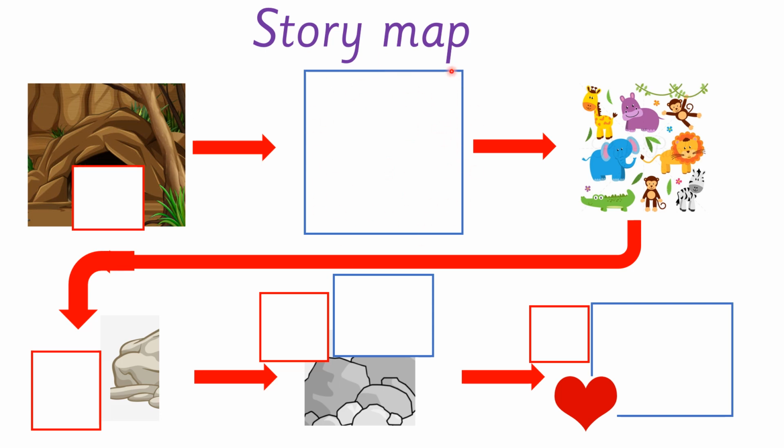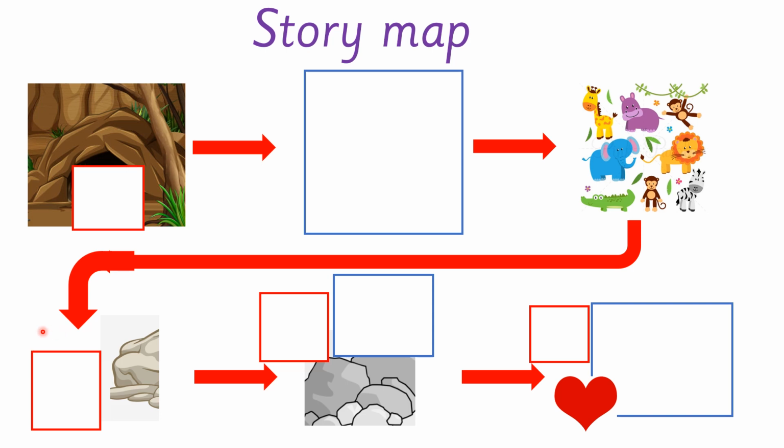It might be an elephant, it might be a zebra, it might be a rhino as well. And we're finding out what the big character is like. We know the big character is going to be impressive. The third part of our story is going to stay exactly the same. All the other animals are very impressed with the big character.